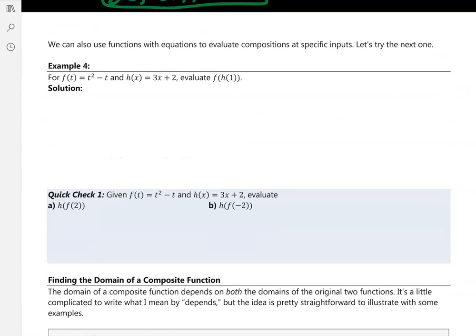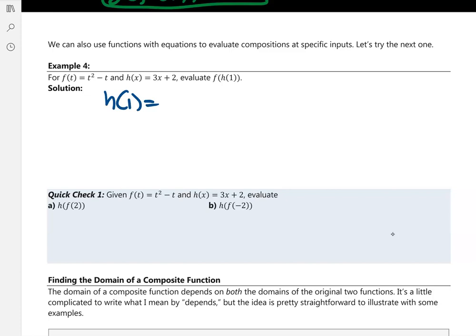We can also use functions with equations to evaluate compositions at specific inputs, and let's try this next problem. For f of t is equal to t squared minus t and h of x equal to 3x plus 2, evaluate f of h of 1. So first, we can solve for h of 1.